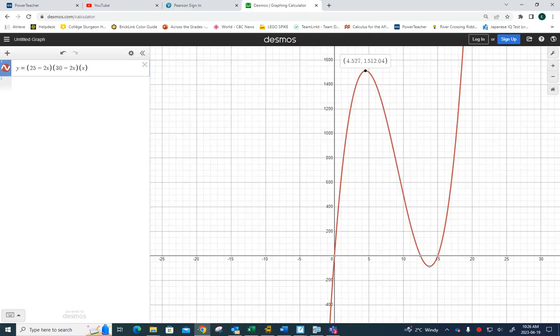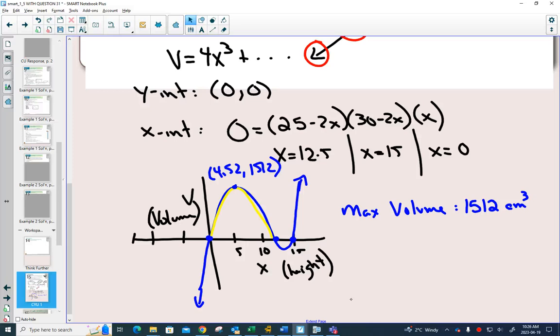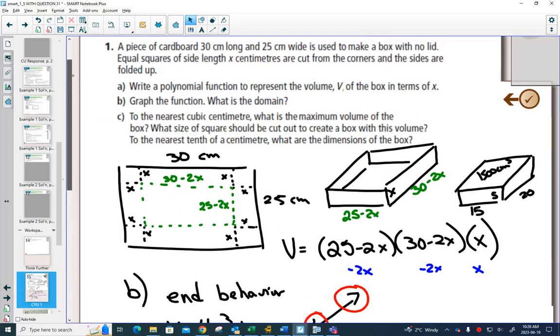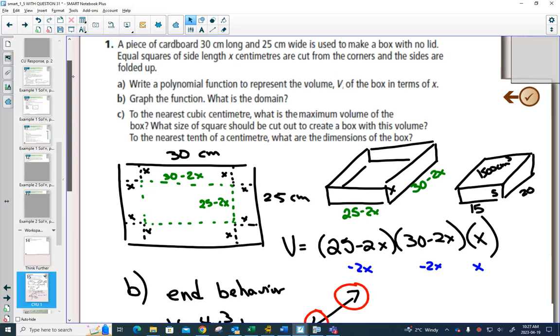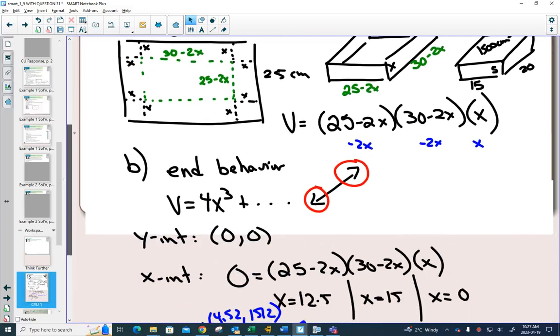1512.04, yes. And the second question it was asking, what size of square, to the nearest tenth?